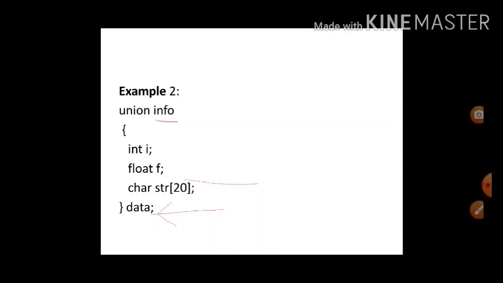For example, in our example, integer is 2 bytes, floating point is 4 bytes, and the character string is 20 bytes. So, which one is the largest of the three? 2 byte, 4 byte, 20 byte. 20 byte is the largest data member inside the union. So, the memory space allocated for this union will be 20 bytes.